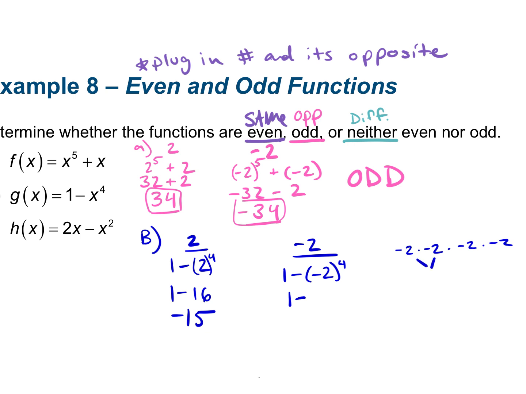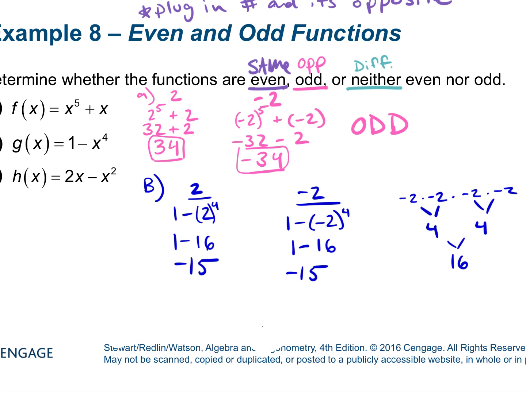Negative 2 times negative 2 is what? 4. And 4 times 4? 16. What's 1 minus 16? Negative 15. So if we get the same answer, what does that mean? It's going to be even. Perfect. So when you get the same answers, it's even.